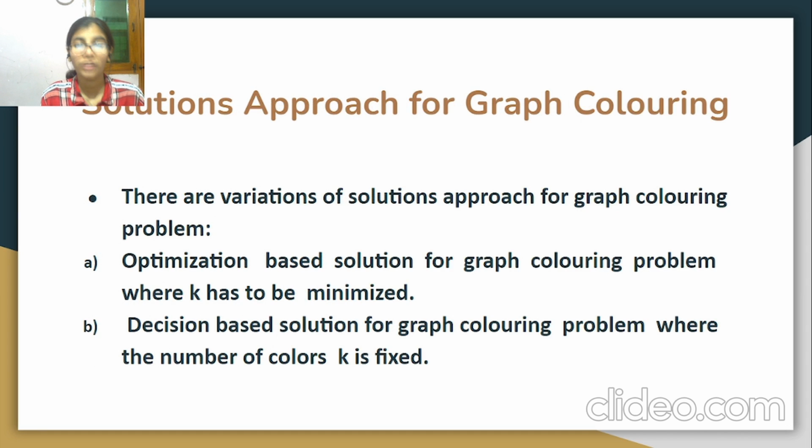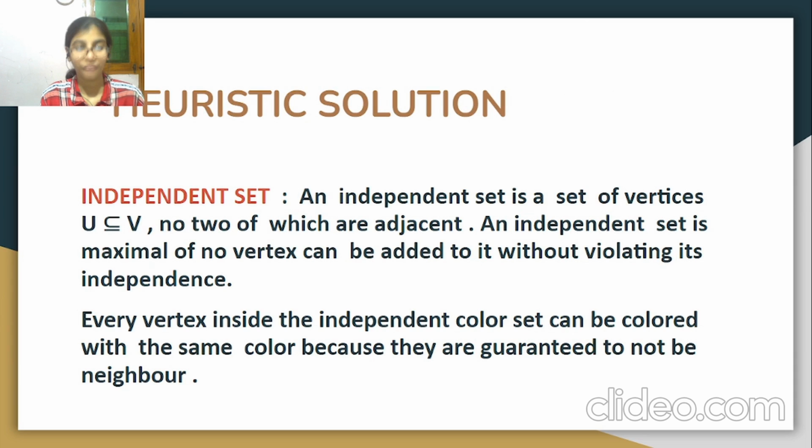The approaches which we have used for graph coloring in our assignment are the optimization based solution and the decision based solution. In the optimization approach, we have to minimize our objective function, that is, we want to minimize the number of colors used to color the graph, and the decision based solution is for coloring the graph.